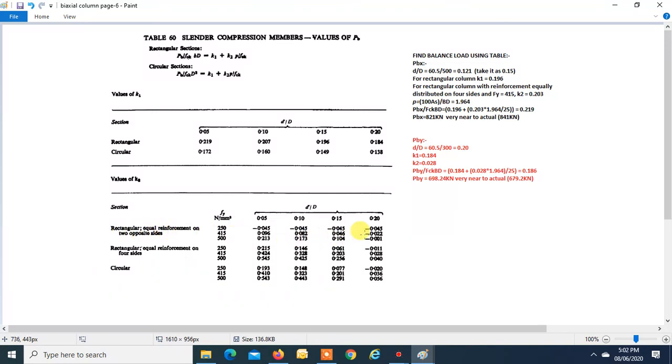So you can take K2 equal to minus 0.022. I have checked it afterwards. Then PBY turned out to be exactly the same as what we got from the analysis. But here, as I considered the earlier criteria, a little bit of difference was found. When I took K2 equal to minus 0.022, PBY turned out to be this value, and it matched very closely.